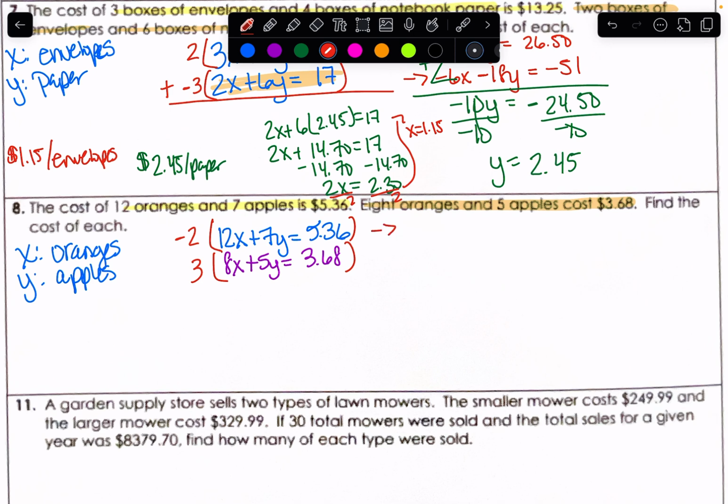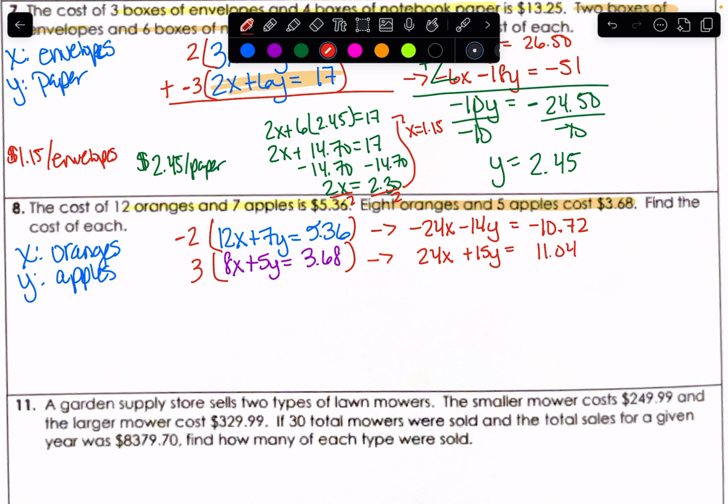So my new equation would be negative 24x minus 14y equals negative 10.72. And this equation would be 24x plus 15y equals, I don't know, what is $3.68 times 3, $11.04. All right, there we go.